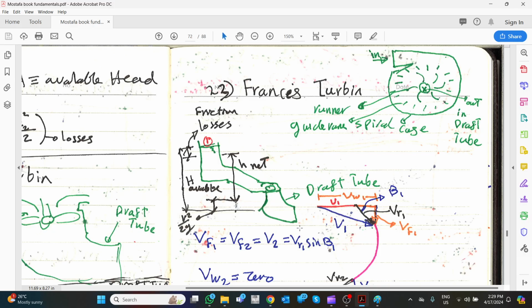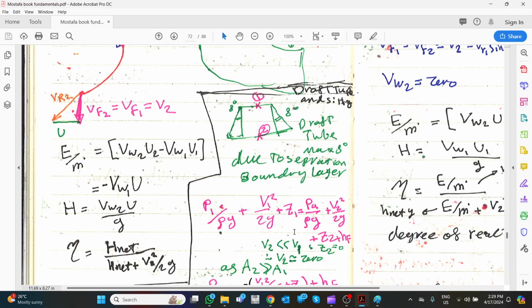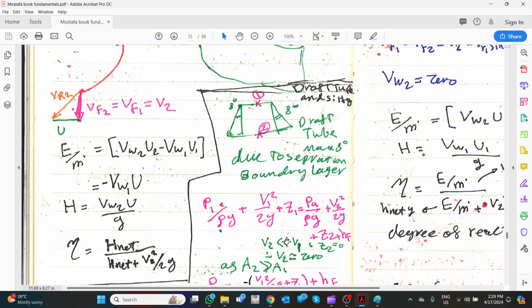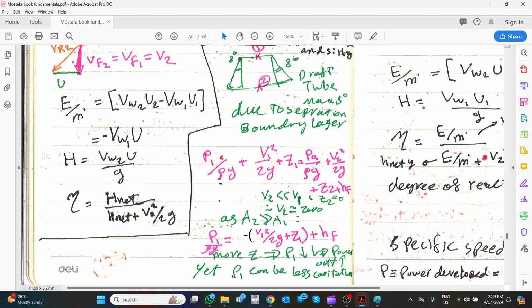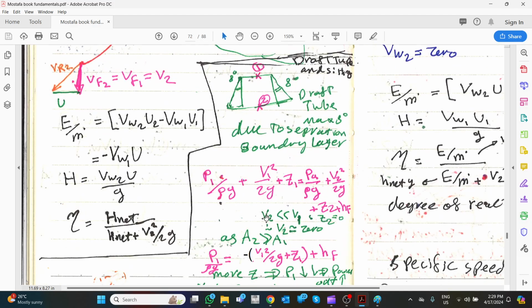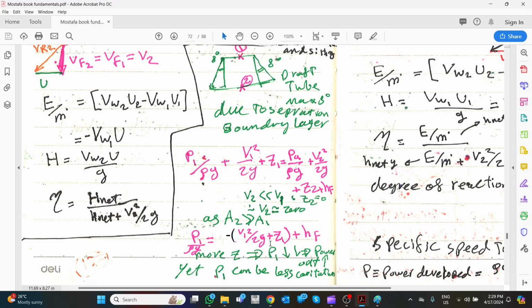So the length of the draft tube, or the height, we need to be as max as possible. Also, from this equation, if more of this one, less of this one.